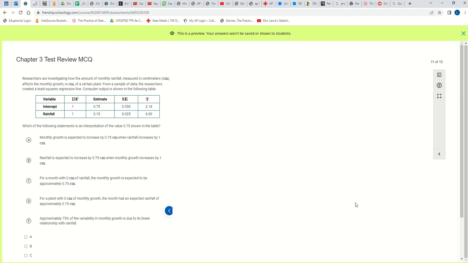Rainfall is gonna help explain growth, so that means rainfall is x. If I plug in 0 for x, or rainfall, then the monthly growth is expected to be 0.75. So that's going to be C.